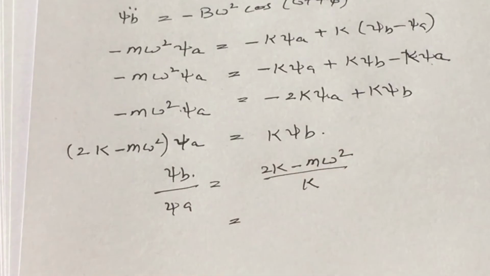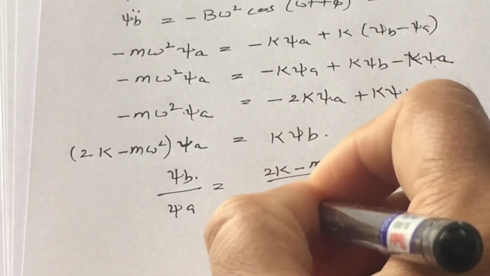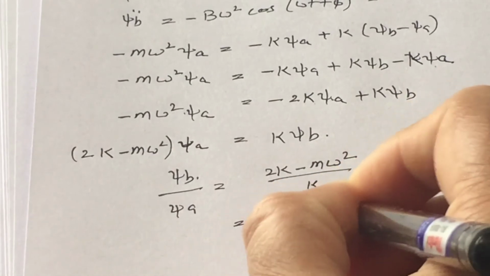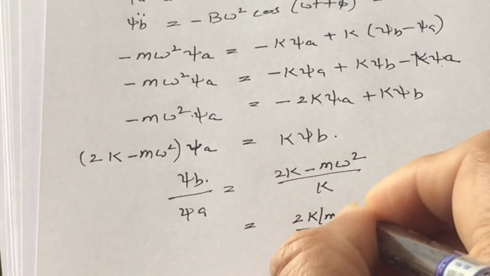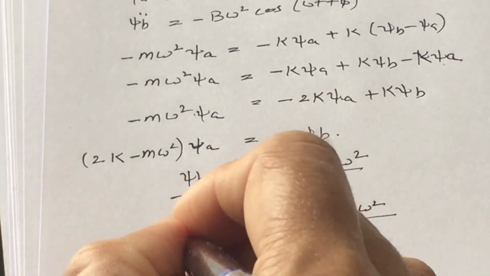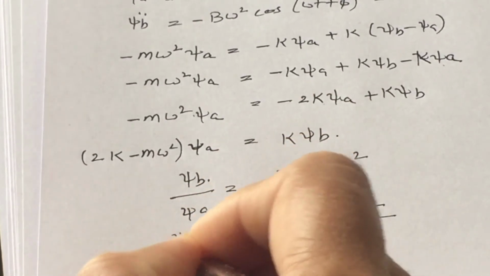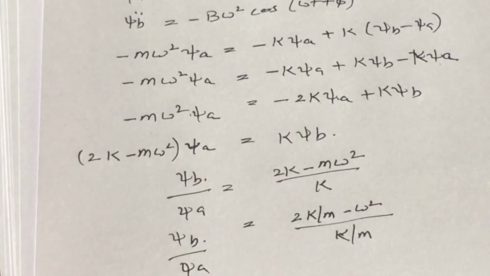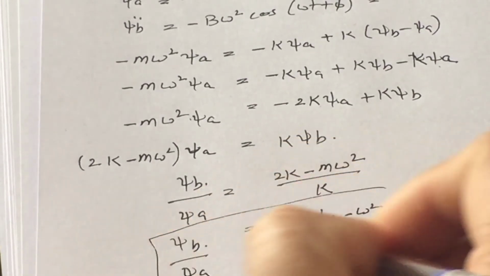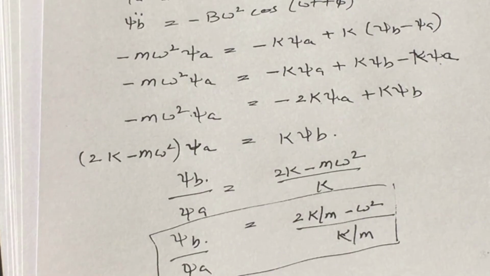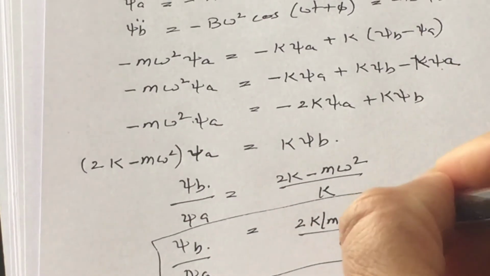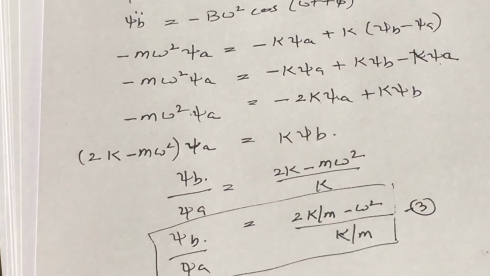If we divide the whole term by m, you will have 2k by m minus omega square divided by k by m, and this is psi b, that is the displacement of the second pendulum, to psi a, the displacement of the first pendulum. Let us consider this is our equation number 3.